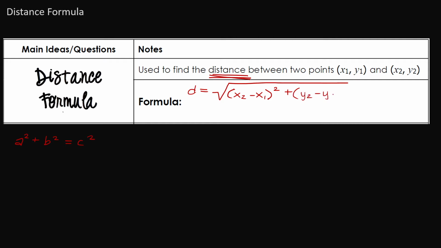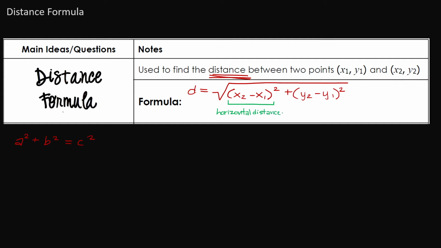minus y1 squared. And let me break this down a little bit for you and show you why it's similar to the Pythagorean theorem. So x2 minus x1 is just the horizontal distance from point A to point B on the coordinate plane. You take your x values and subtract them from each other to get that distance.